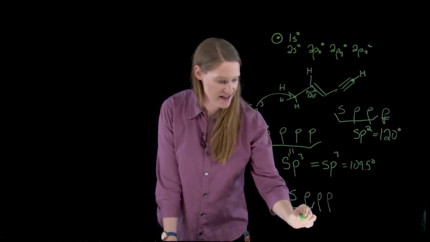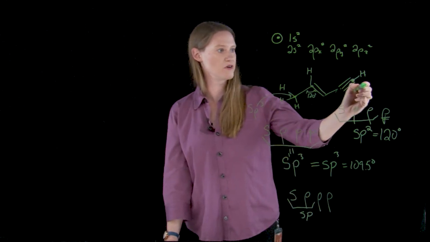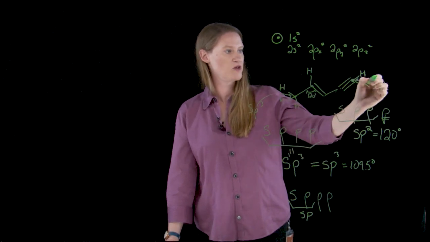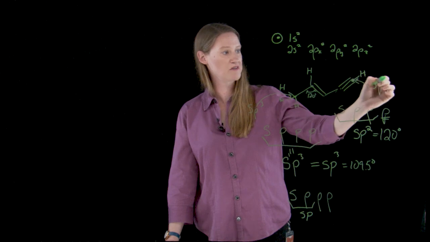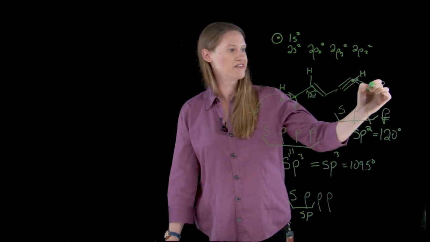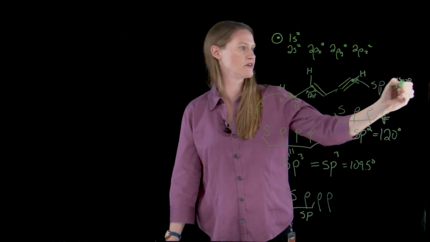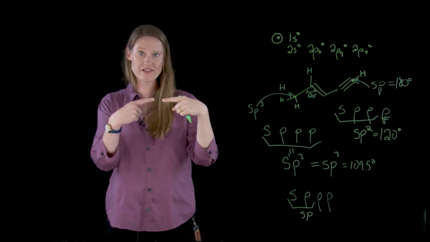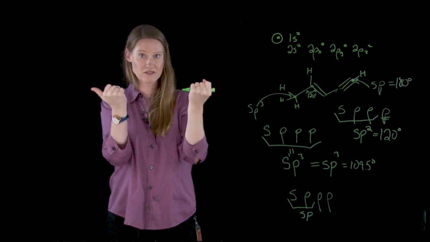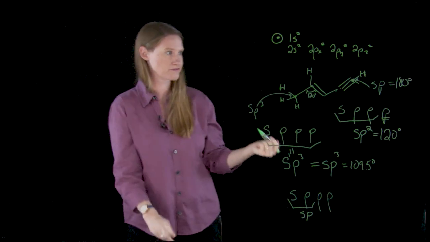That makes it sp hybridized. So this one is sp hybridized. We don't write a number on top of either one, so they're both assumed to be 1. And if it's sp hybridized, well, then the bond angle is 180 degrees. With only 2 things attached, it can be linear. We can get the electrons literally as far apart as they can be, 180 degrees from each other.